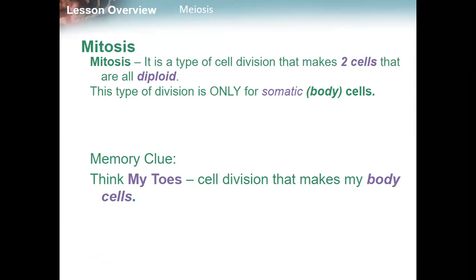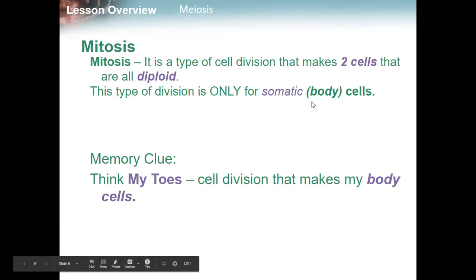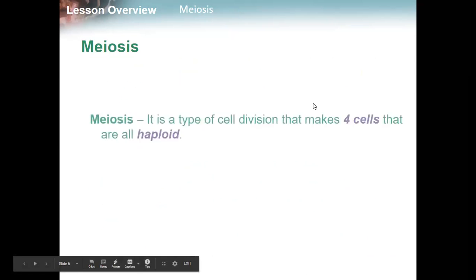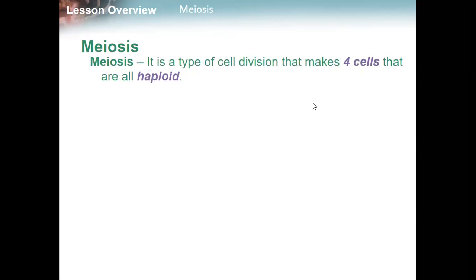Now, we also have sex cells, our egg and sperm. This is not done by mitosis because mitosis only divides body cells. So we have another process called meiosis, and it's a type of cell division. Every single time we do meiosis, we make 4 cells at the end. We either get 4 egg or 4 sperm. And each one of those cells at the end is haploid.